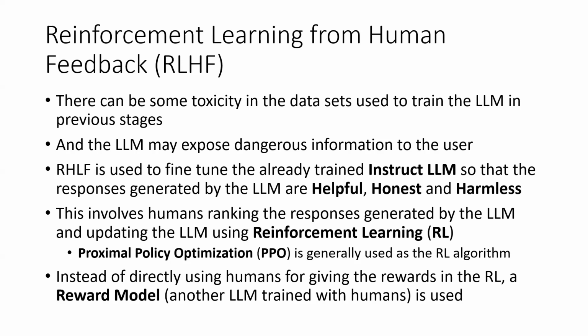So as we mentioned earlier, once you have fine-tuned your model, still there may be some problems in your model, because your dataset may contain some toxic content or not that much helpful content, or sometimes there may be some incorrect data.